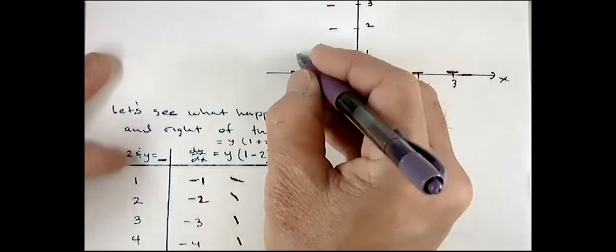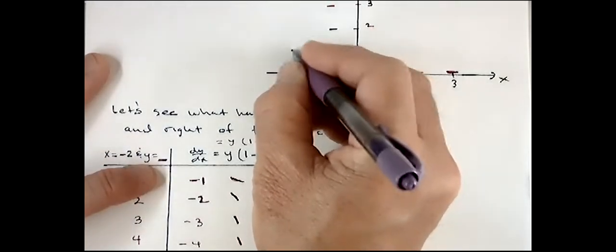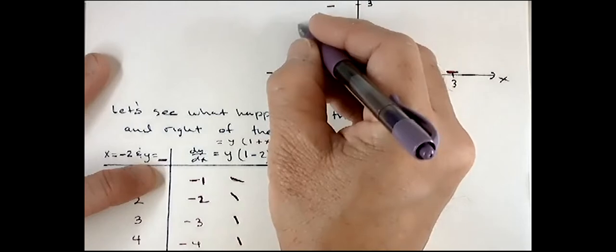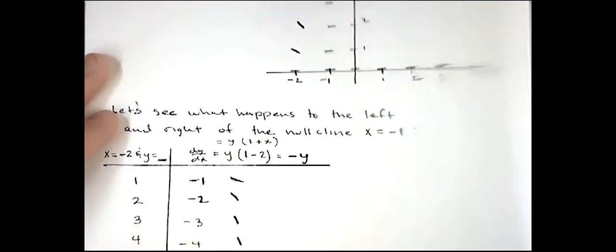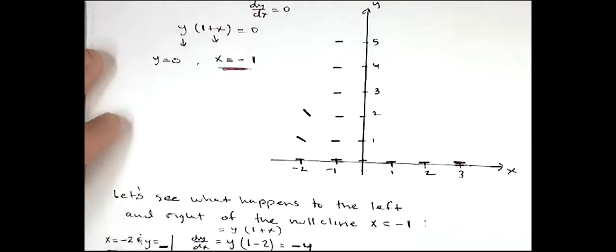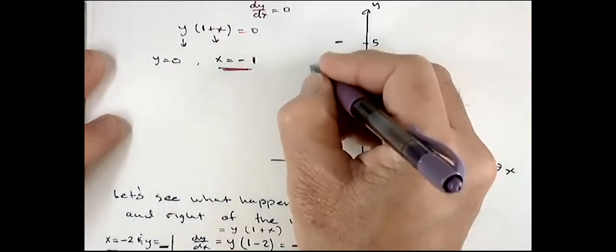X is -2 and y is 1. My slope is -1, so that's kind of a gentle negative slope. This one's -2, a little steeper. Even steeper. Steepest.